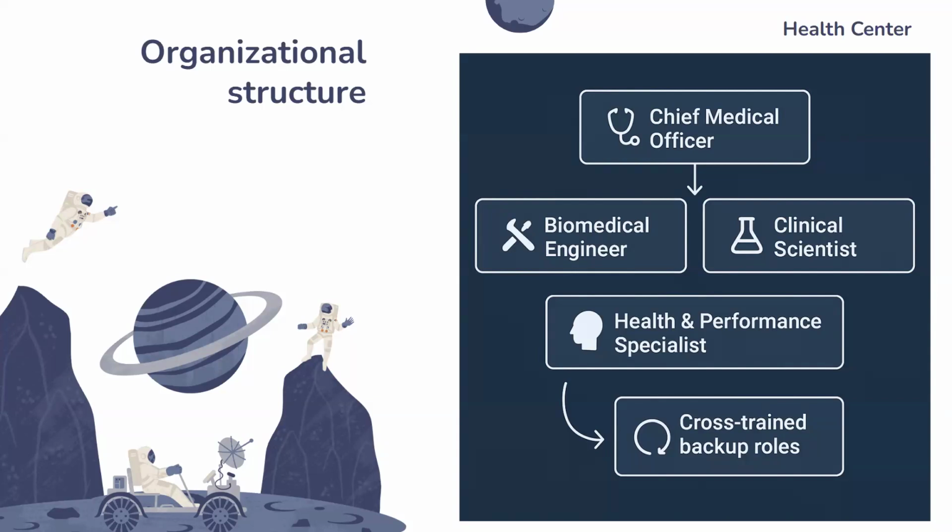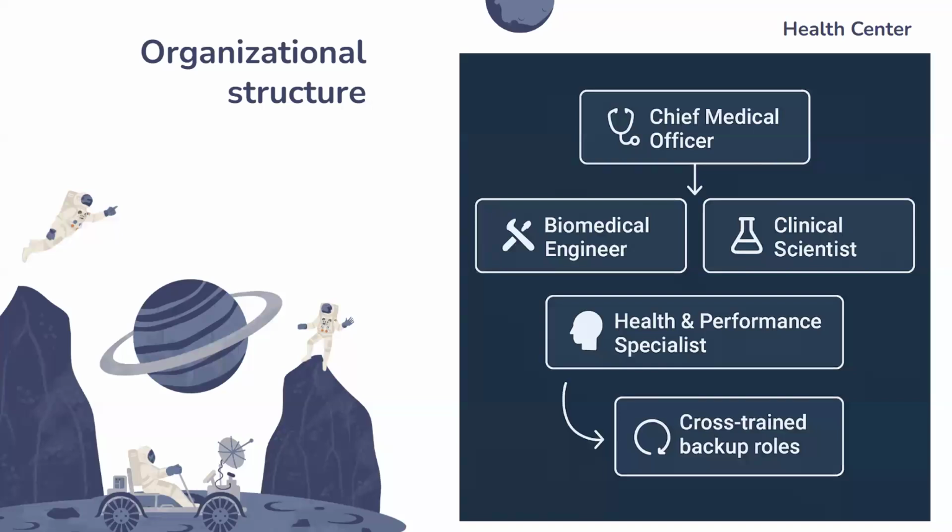Lastly, the health performance specialist will be like a cross between a physiotherapist, a psychologist, and a behavioral coach. In missions like Mars 500 and HI-SEAS, it has been seen that mental health and physical performance are inseparable from operational safety. So this specialist will supervise daily exercise regimes, monitor signs of sleep disturbance or emotional instability, and also lead psychological first aid when any kind of interpersonal conflict arises.